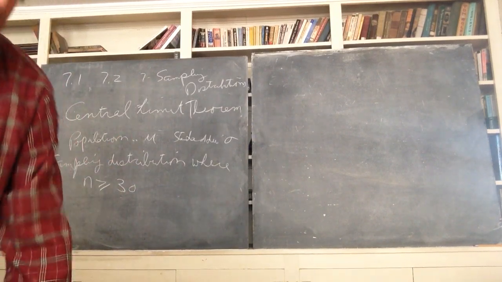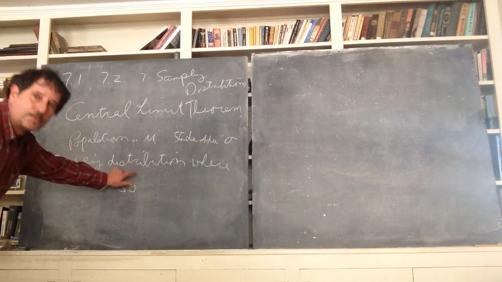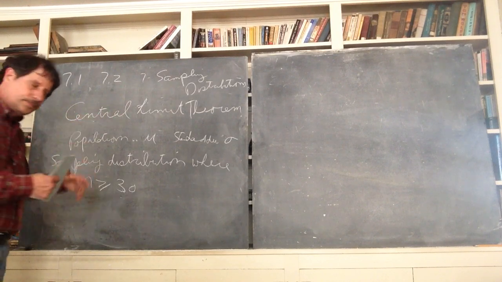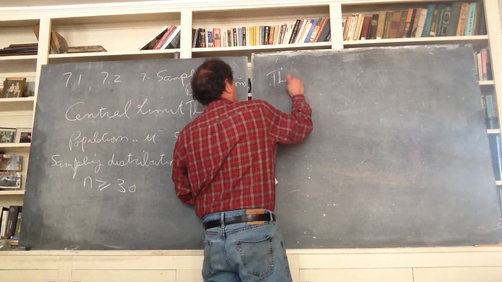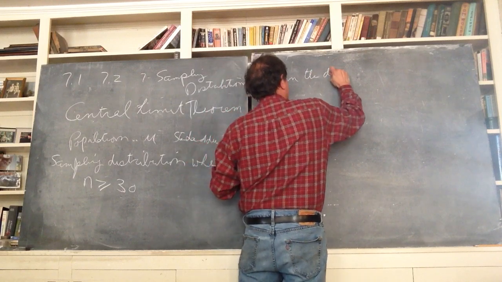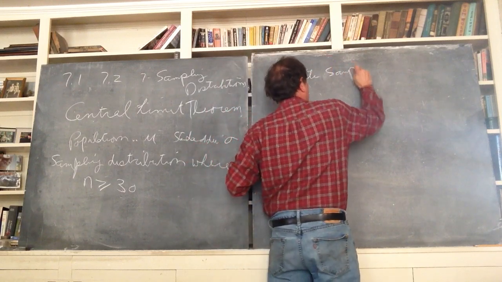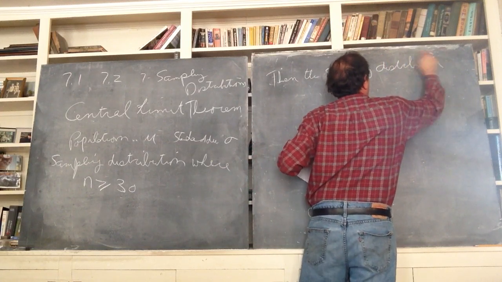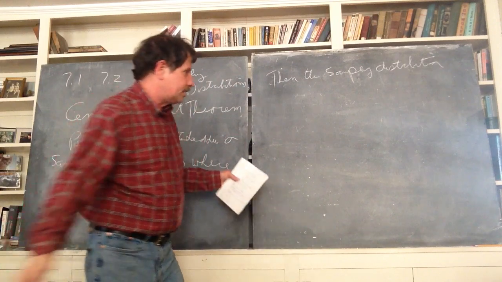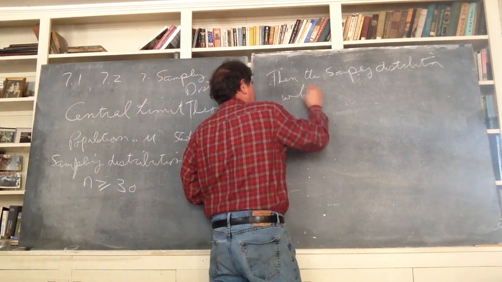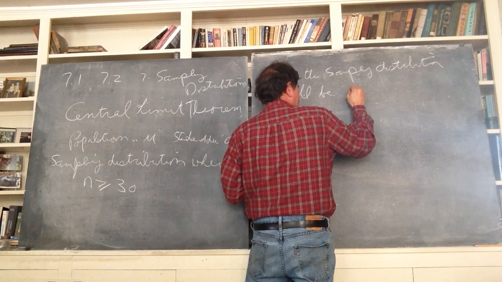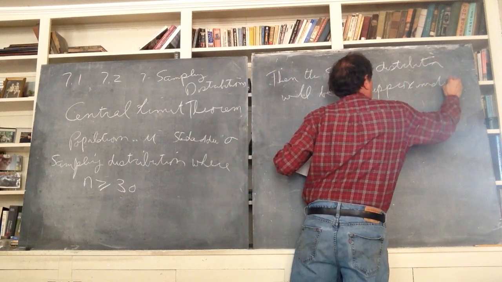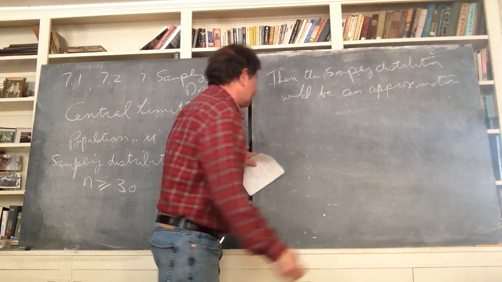If you have that, then the sampling distribution will resemble the population. It will emulate the population, an approximation of the population, and the bigger the better.